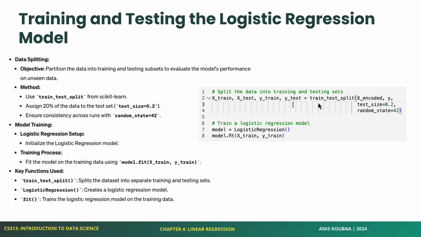In scikit-learn we have train_test_split, which takes the features, the outcome, and the test size in percentage. So 20% of the data set will go to the testing data set. And this is the random seed. If you want to change the train and test split, you need to change the random state over here.